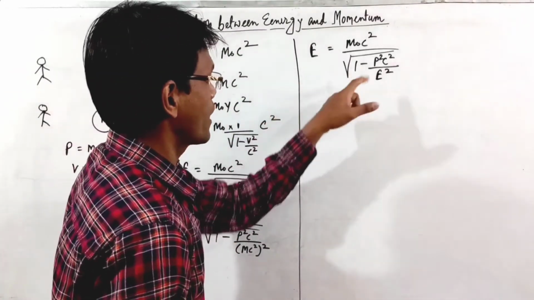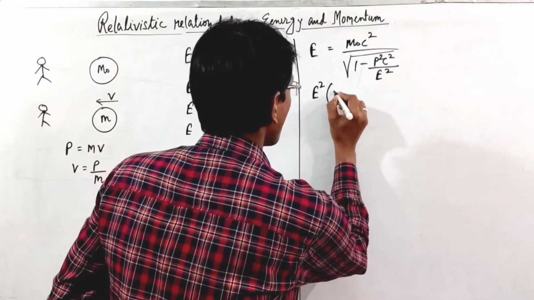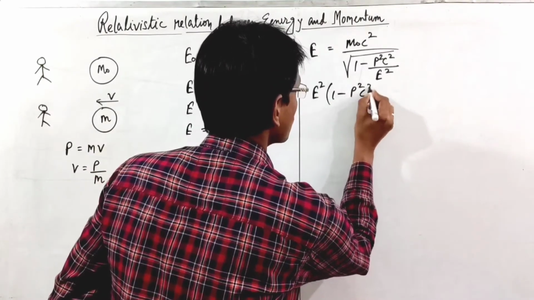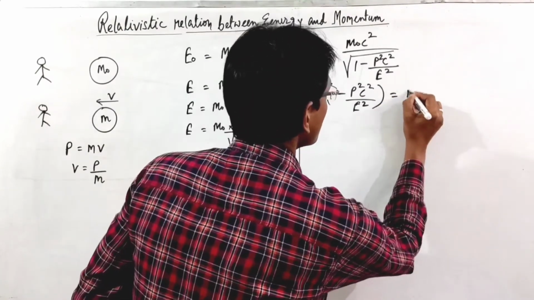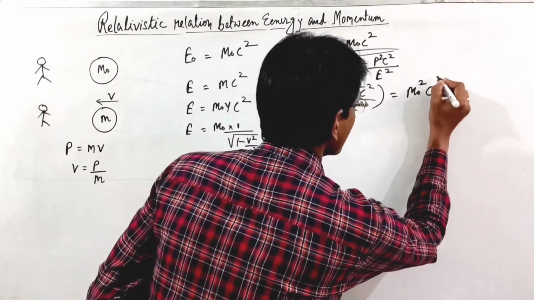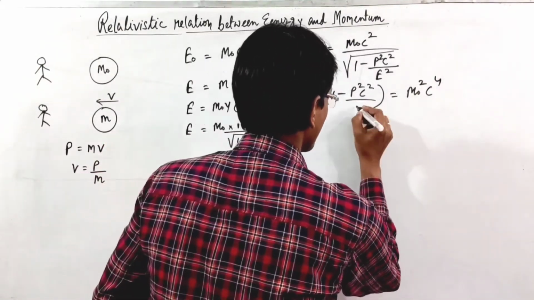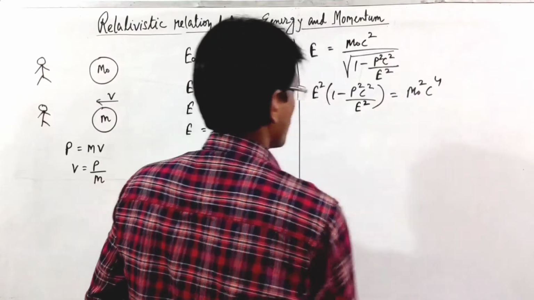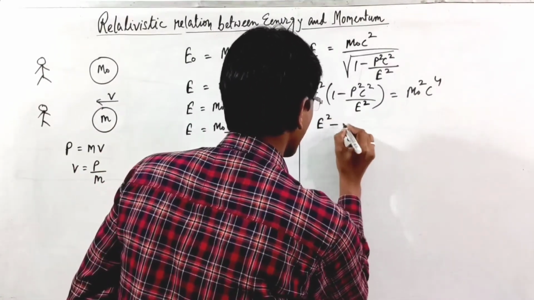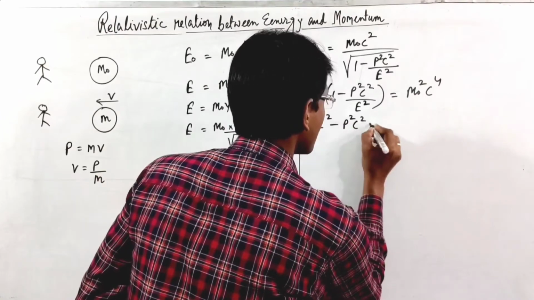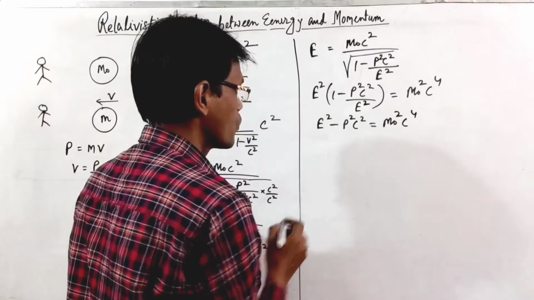Now squaring and cross multiplying, we get E square into 1 minus p square c square by E square is equal to m0 square c to the power 4. Multiplying, E square minus p square c square is equal to m0 square c to the power 4.